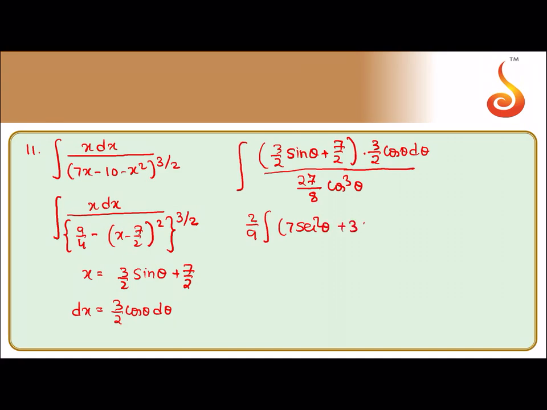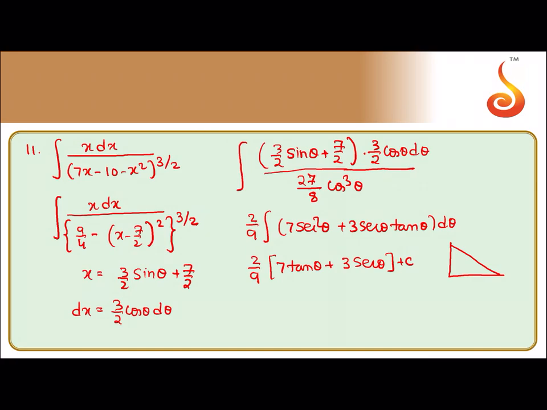So if we divide it, we get 2 by 9 integral 7 secant square theta plus 3 secant theta tan theta d theta. So this will give you 2 by 9 into 7 tan theta plus 3 secant theta.